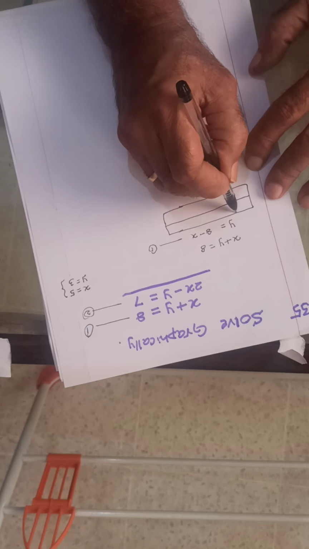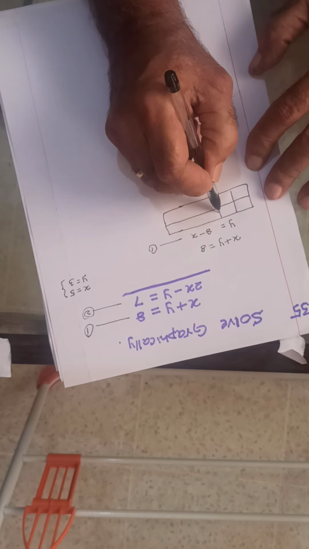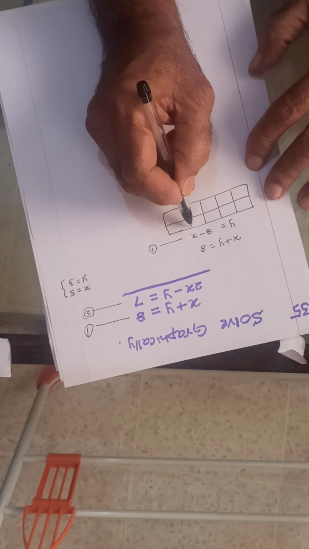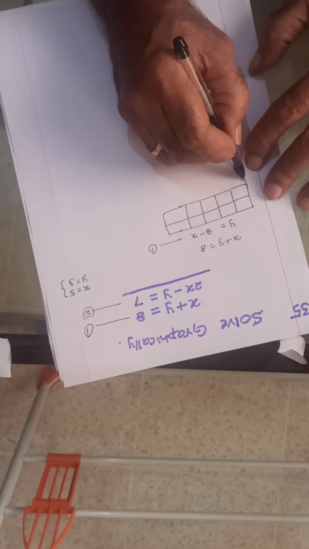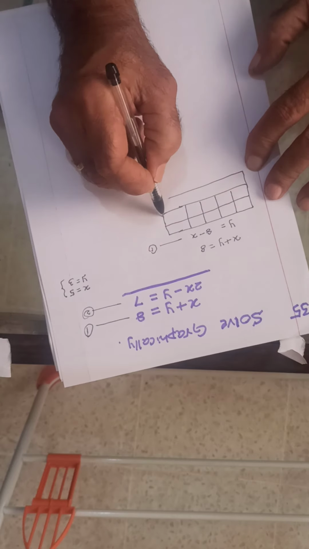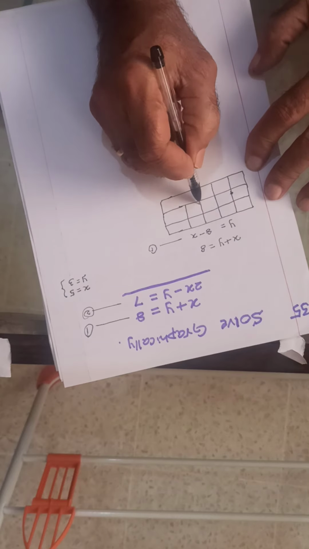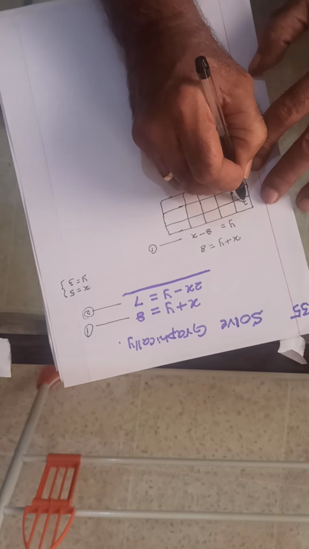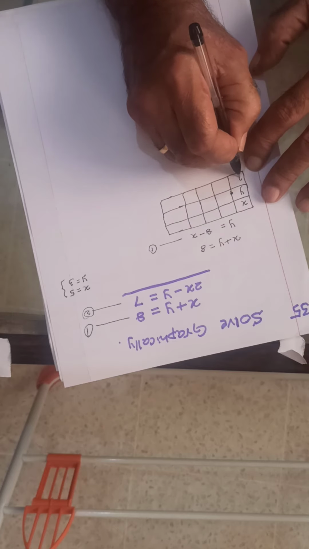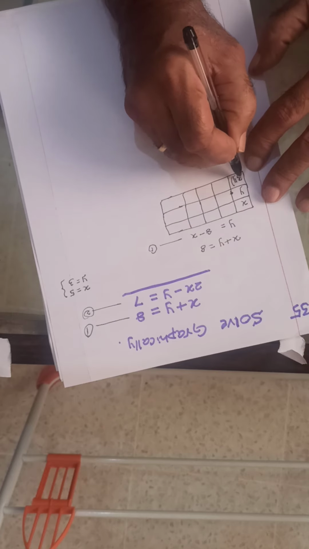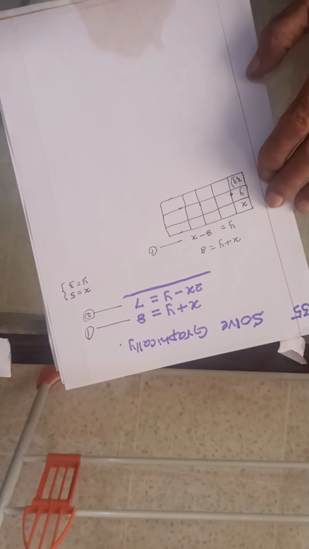Yes, this is x, 1, 2, 3, 4. You can take these values of x, and the coordinates like this. This is x, this is y, x comma y. So give any value for x.